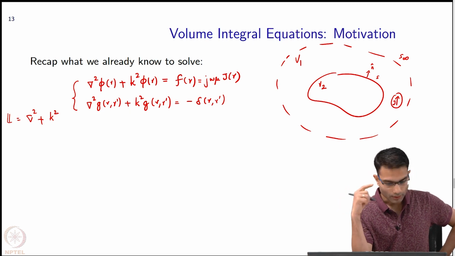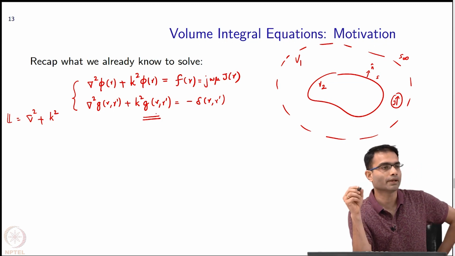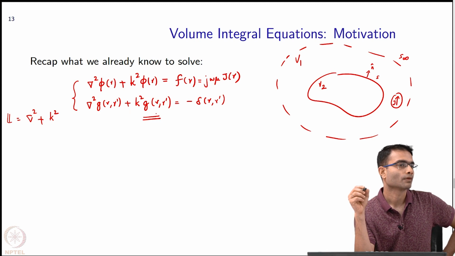Now, when we went to actually solve for this Green's function, what did we do? The steps, briefly: we converted it first to 2D polar coordinates.